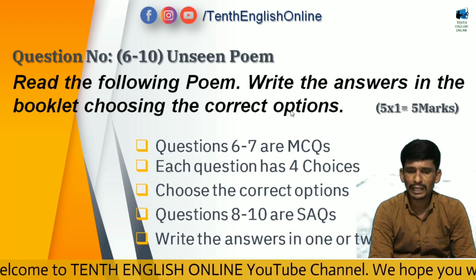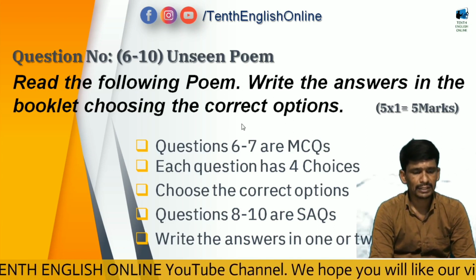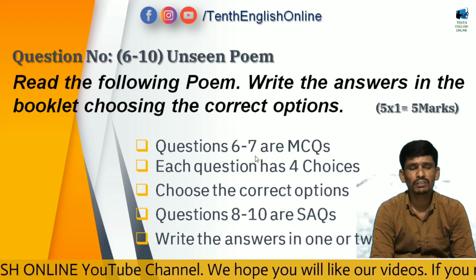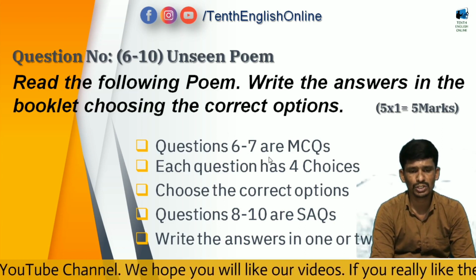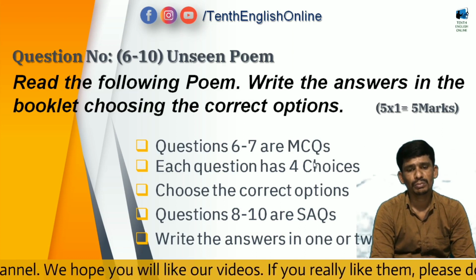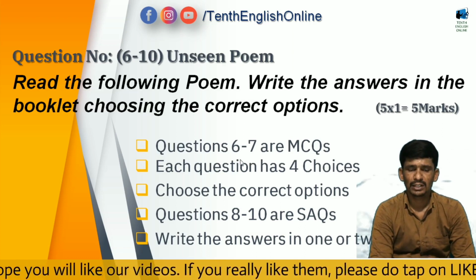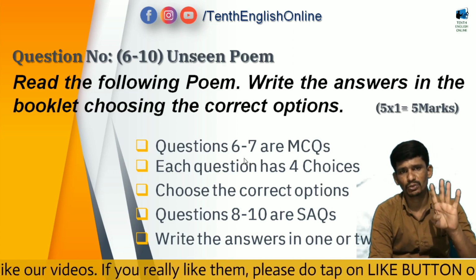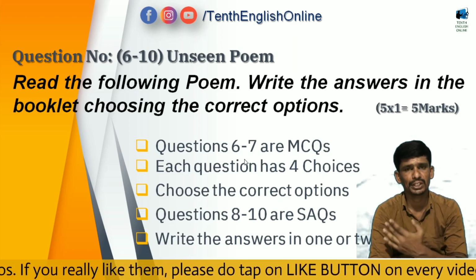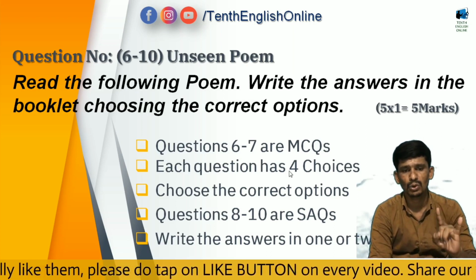In this bit, questions 6 and 7, only 2 questions, are MCQs, meaning multiple choice questions, and each question has 4 options. So we have to select either A, B, C, D for those 2 questions.